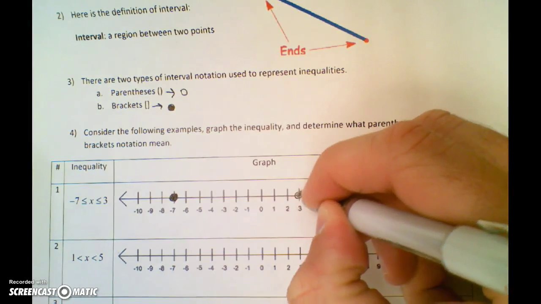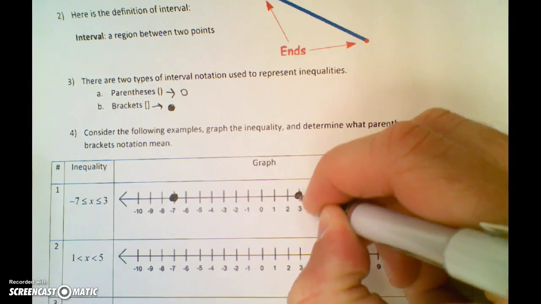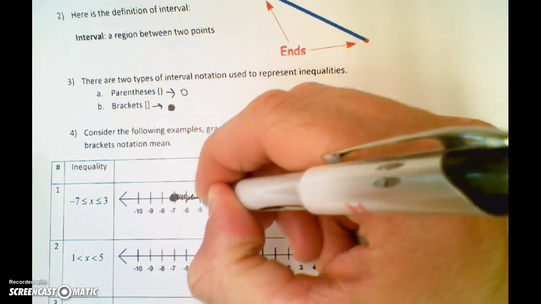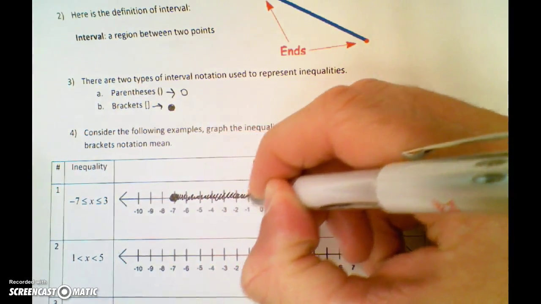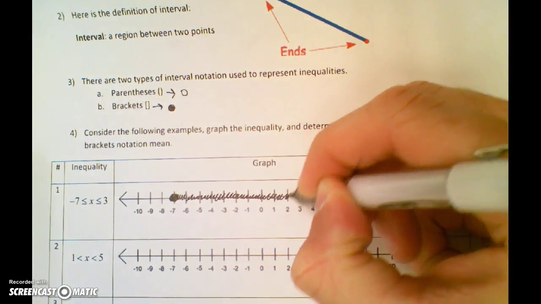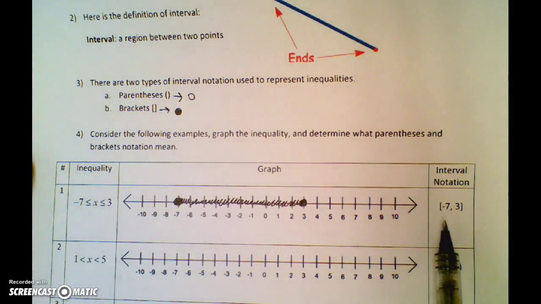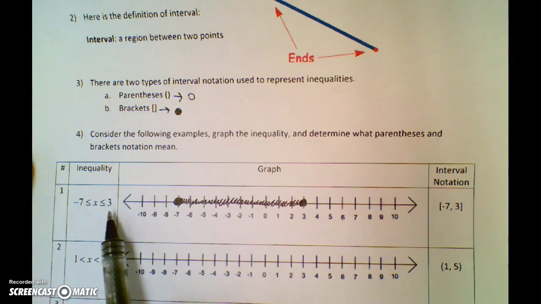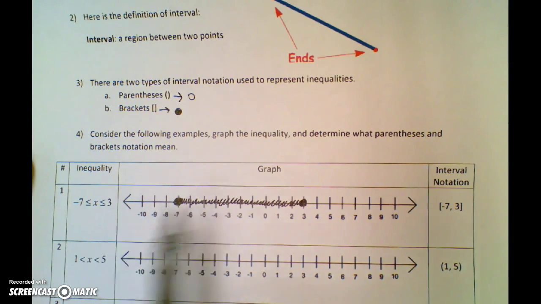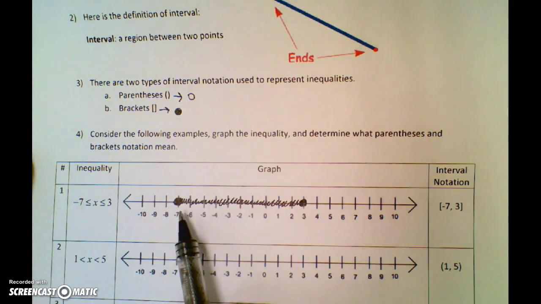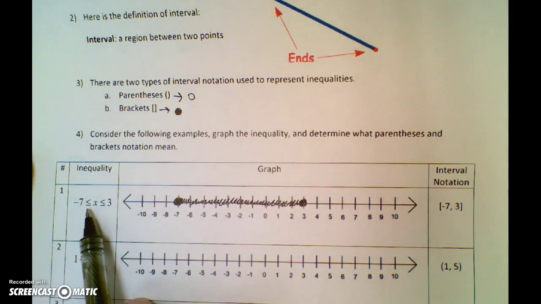Anytime that line is there, it includes that number, so it's a part of the range or the interval between the numbers. And then now I can just shade, so I'm shading in between. So what that looks like in interval notation is I use the numbers on the ends, -7, 3, and I just put that in brackets, because the brackets mean it includes those numbers. It's like another way of writing the less than or equal to sign.